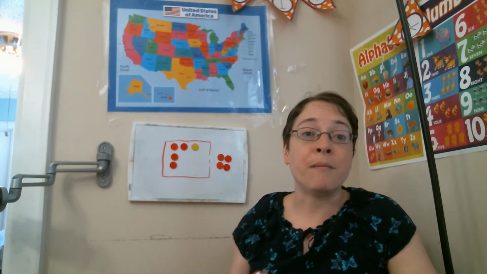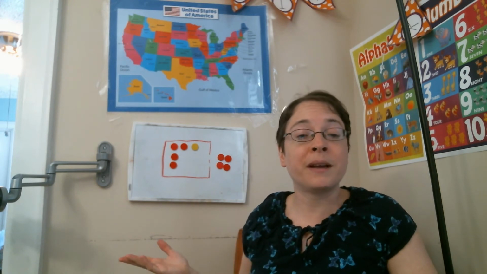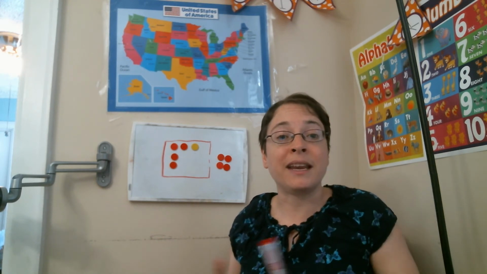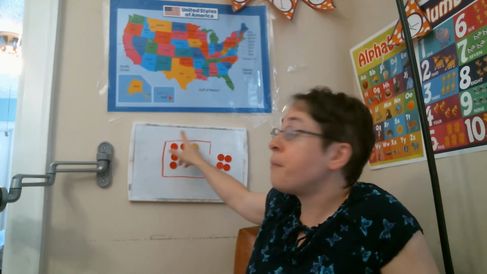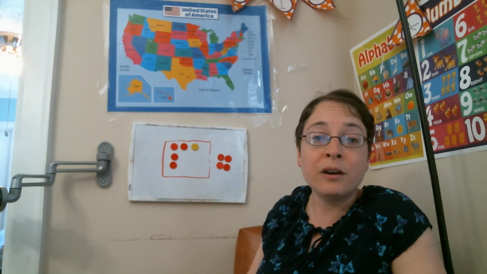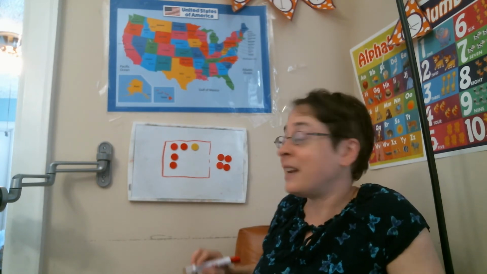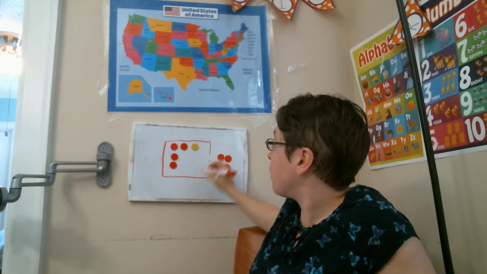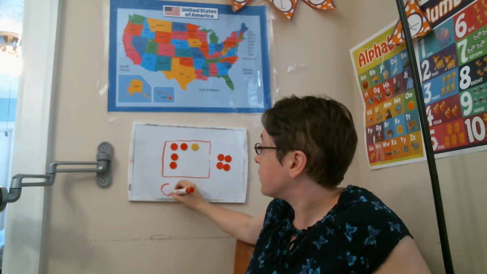Can you make a number bond about how many are off the picnic blanket and how many are on the picnic blanket? How many ants are all together? Do you remember? 9. So let's make our number bond.